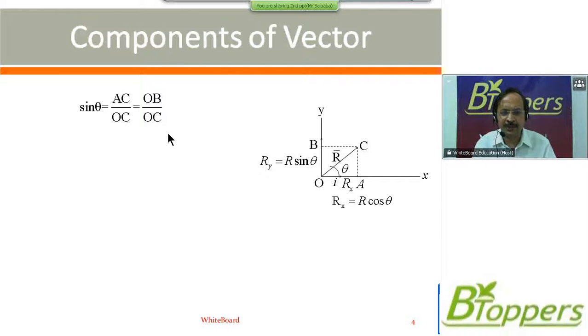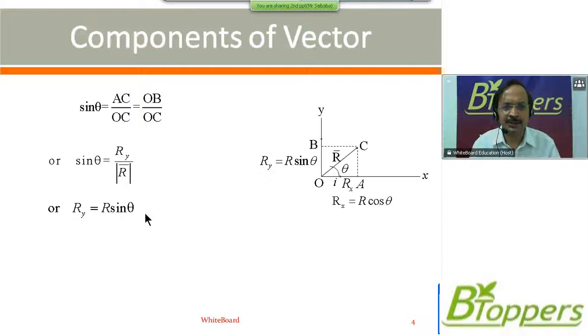So you can write sin theta equal to OB by OC. Now OB gives you Ry, length of line OC equal to mod of R bar. So sin theta equal to Ry by mod of R bar, or Ry equal to R sin theta. So Rx equal to R cos theta, Ry equal to R sin theta.